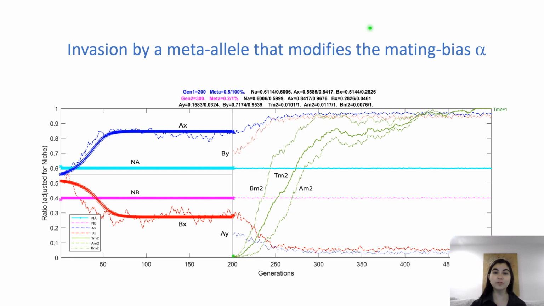It will increase the fixed point polymorphism of the populations and increase the overall reproductive isolation. This is an example of coupling, as the initial mating bias barrier system is coupled to the meta-allele system, increasing mating bias values and subsequently increasing reproductive isolation.